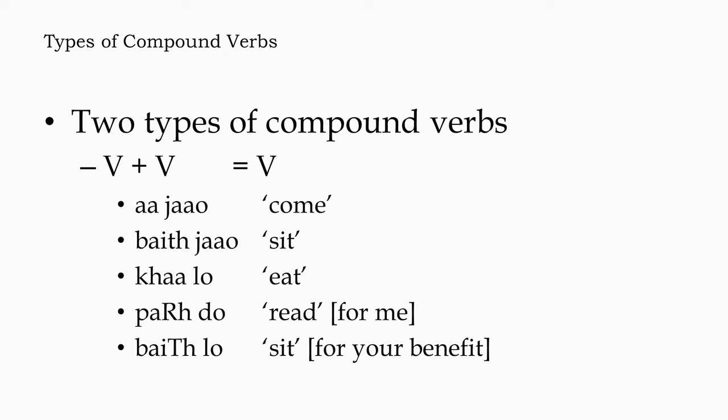These are examples from Hindi, one of the major Indo-Aryan languages, and their English meaning is given next to them. The verb aa jao has two verbs in it, one ana and the other jana. Similarly, baith jao has two of them, baithna and jana.